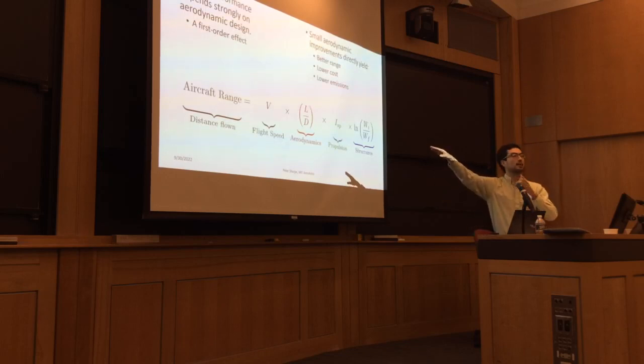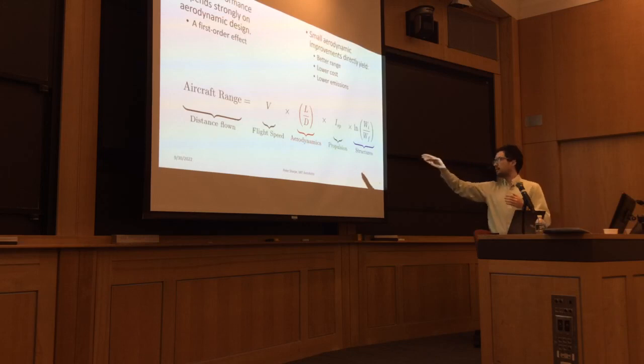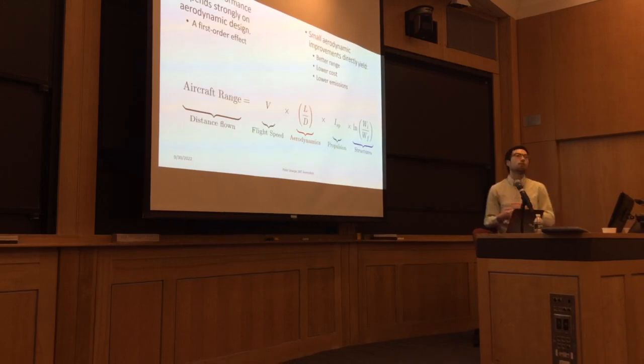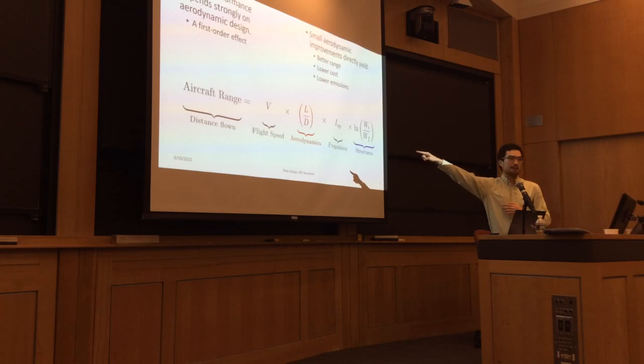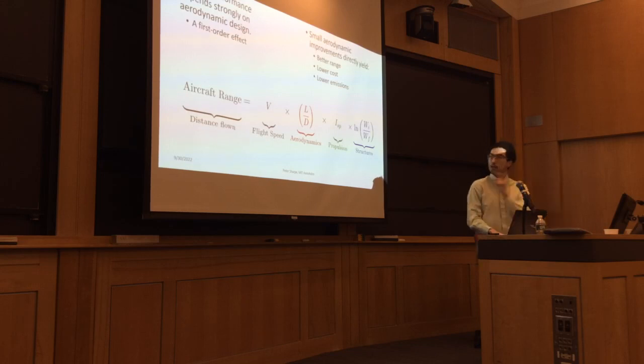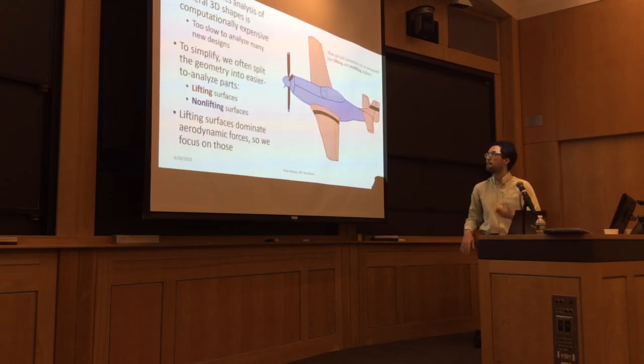It shows the range of an aircraft as a function of basically the three main disciplines that we look at when we design it. And we see that aerodynamics here is basically a straight multiplier on that. So you do a couple percent better in aerodynamics, and that very directly translates into better range, lower cost, lower emissions, all the things we care about. So a little bit of benefit there brings a huge payoff in terms of the actual real-world outcome.